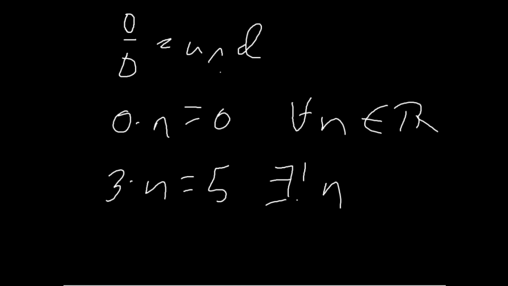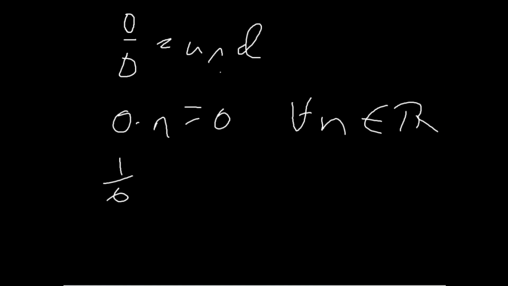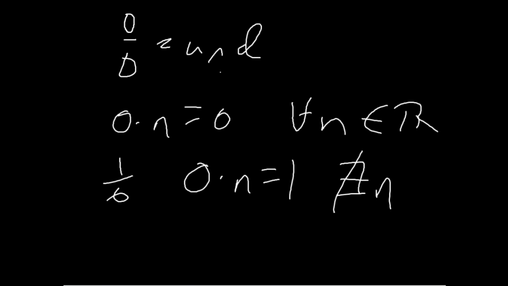If the numerator is non-zero and the denominator is 0, then there is no solution. So if we have 1 divided by 0, then we want 0 times n equals 1, and there does not exist an n that satisfies this. So this doesn't work.